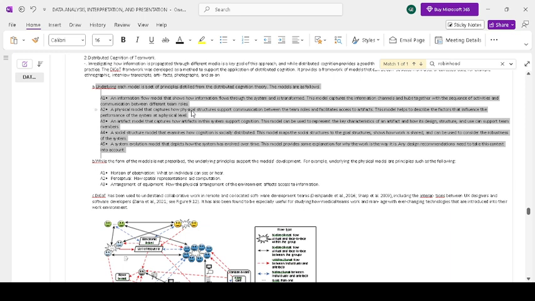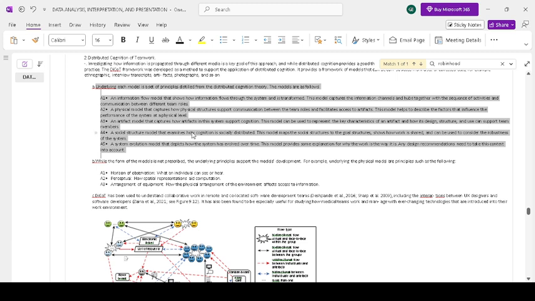So you want to create a model that supports the communication between the team roles and access to artifacts. This model helps to describe the factors that influence the performance of the system at the physical level.